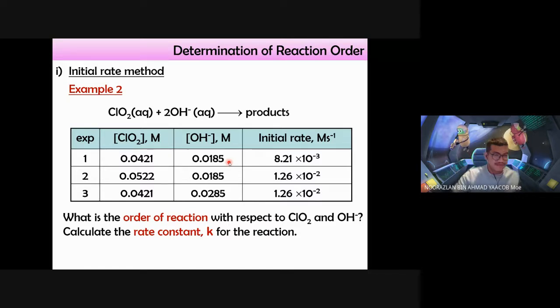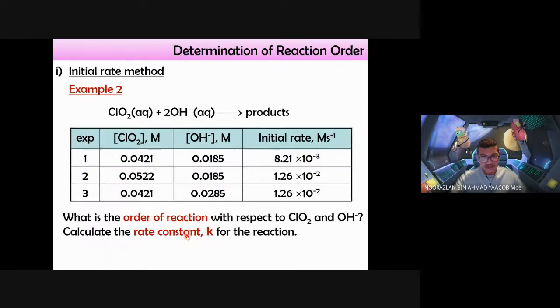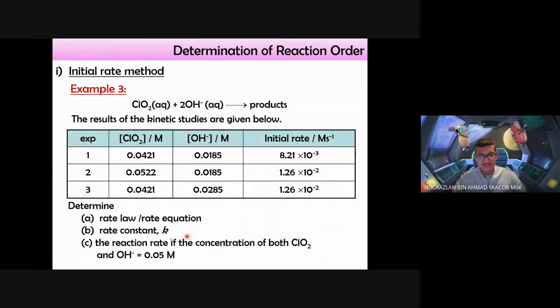Okay. All right. So let's have a look at the solution. So these are the things that you have to find. Okay. So kamu kan cari rate law dia, rate constant, and then this one ni tak payahlah dulu, tak ada dalam soalan. So the rate law dia kamu akan dapat sepatutnya like this. ClO2 to the power of 2.